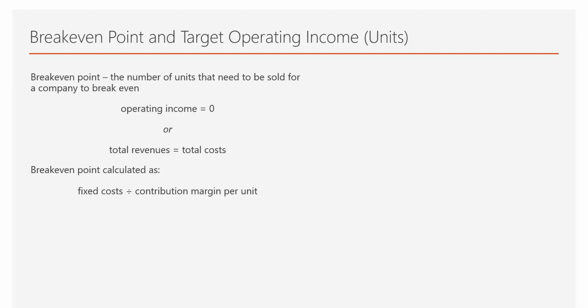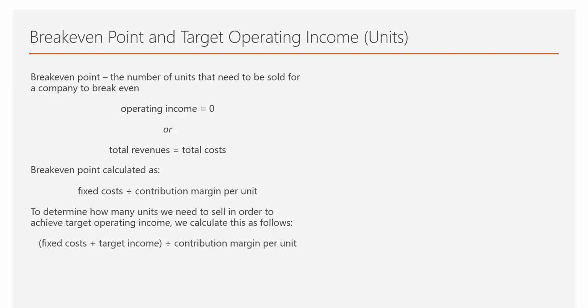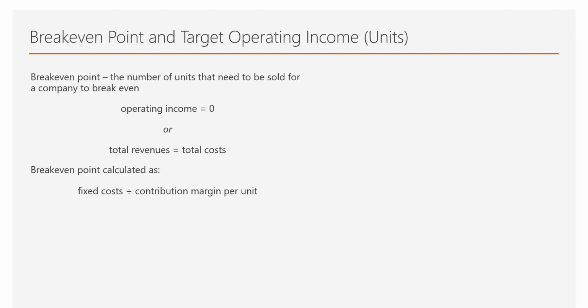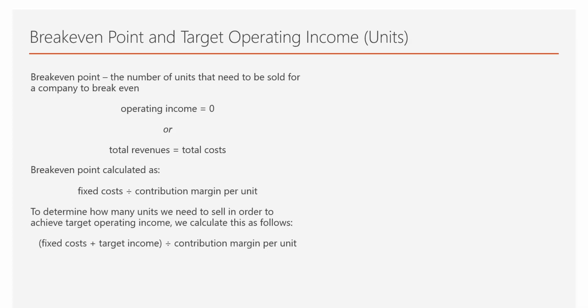How do we do that? Instead of just fixed costs divided by contribution margin per unit, we're going to take the total of fixed costs, add in our target operating income, and then take that total and divide it by the contribution margin per unit.